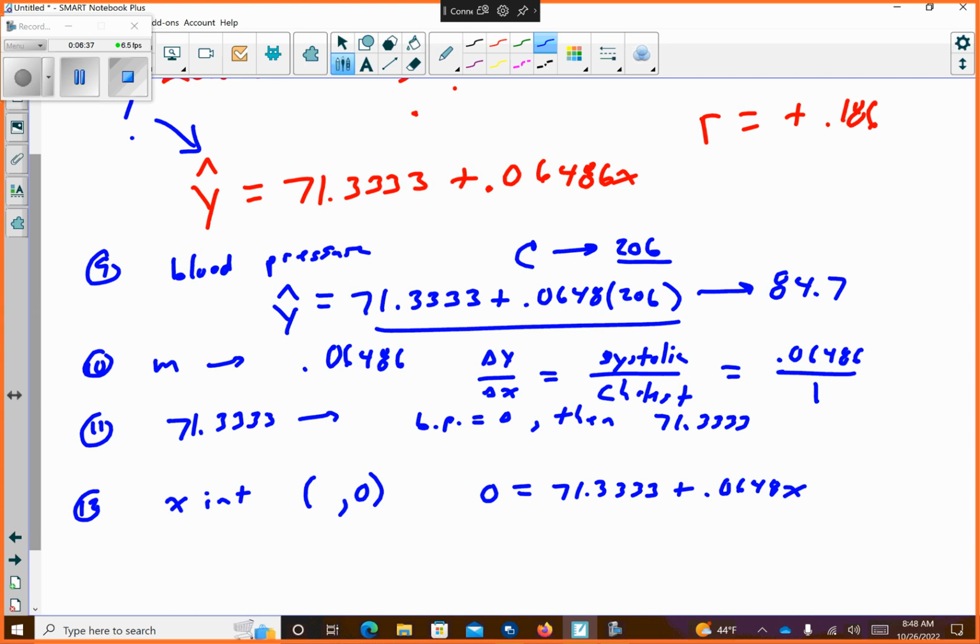And you're going to use algebra 1. You're going to solve for x. If you solve for x, this is going to tell you that if your cholesterol level is equal to 0, then your blood pressure is negative 1099.8.